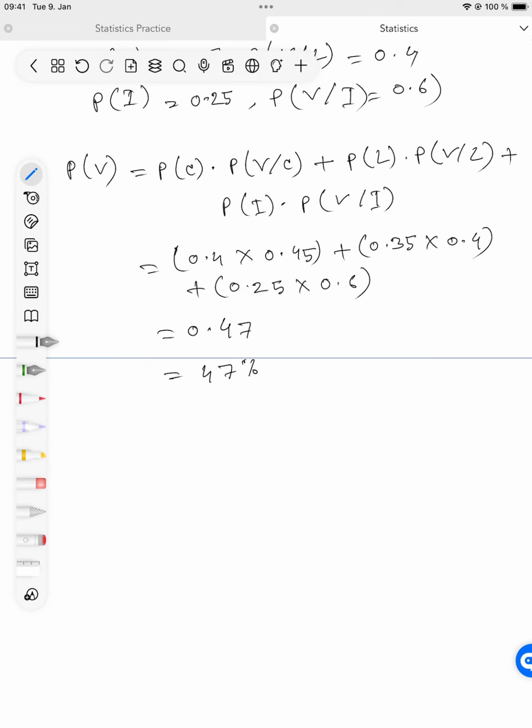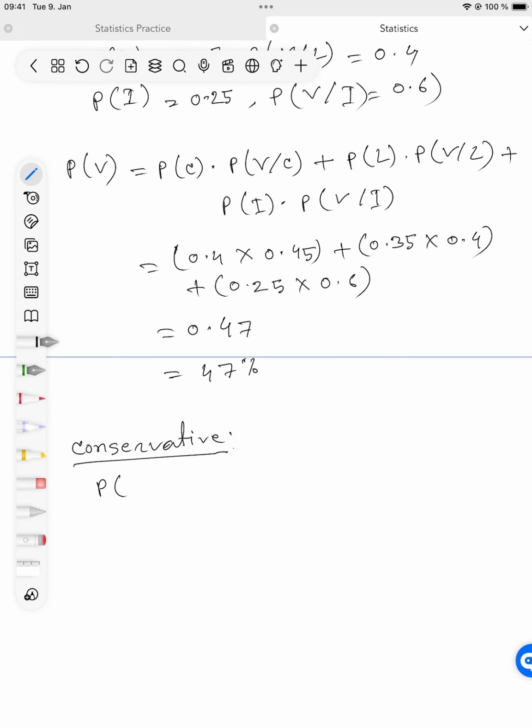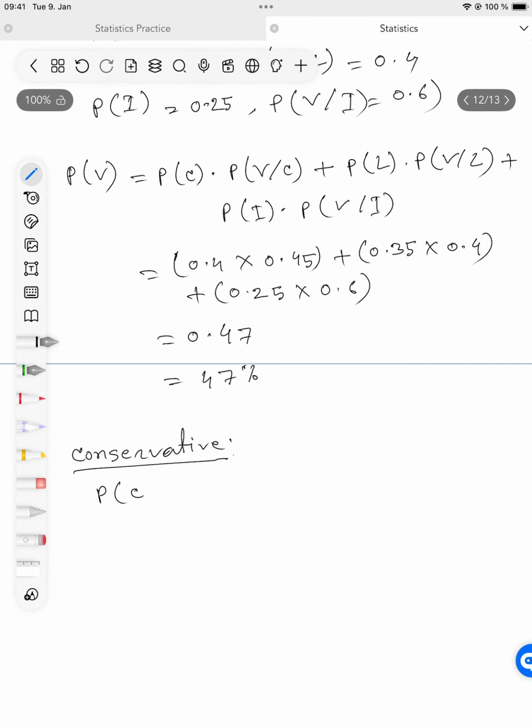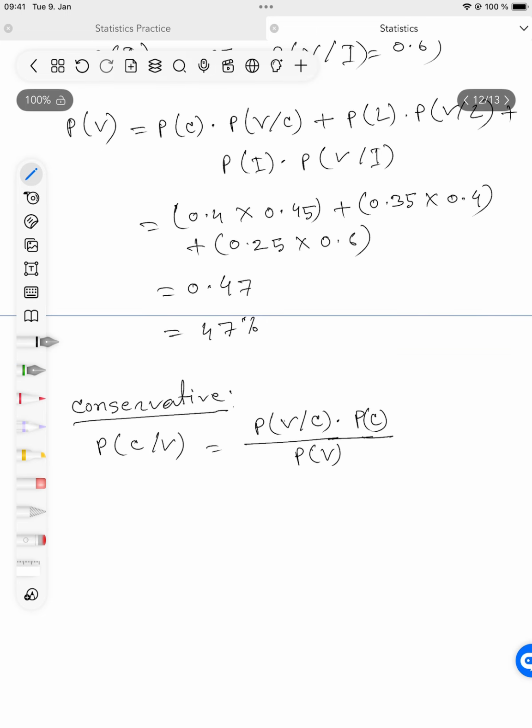So for conservative, the probability of C given V is equal to, as per Bayes theorem, the probability of V given C times the probability of C divided by the probability of V. So as per Bayes theorem, we can write it like this.